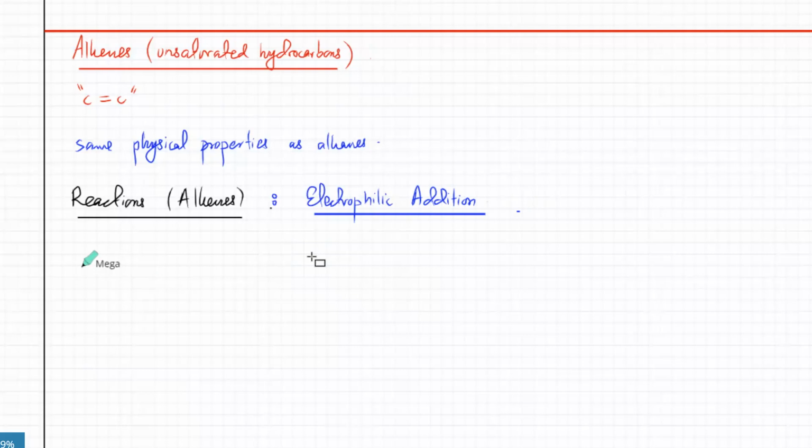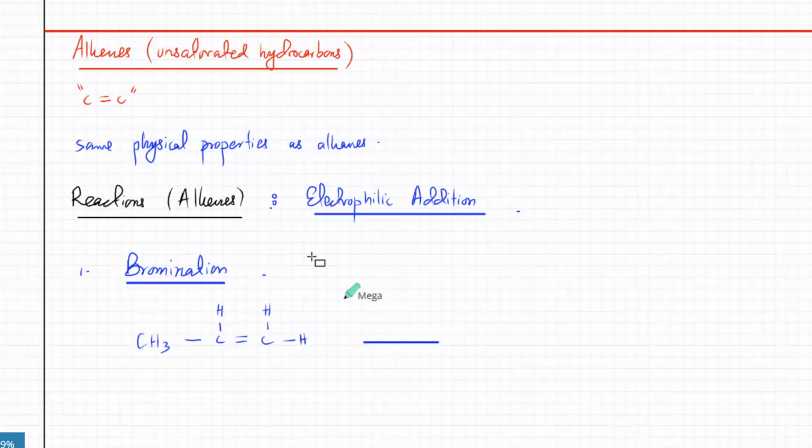And what happens, number one? Number one is known as bromination. Now in bromination, you've got an alkene and it's got a double bond, and you've got a Br2 molecule. So the molecule just literally gets added.